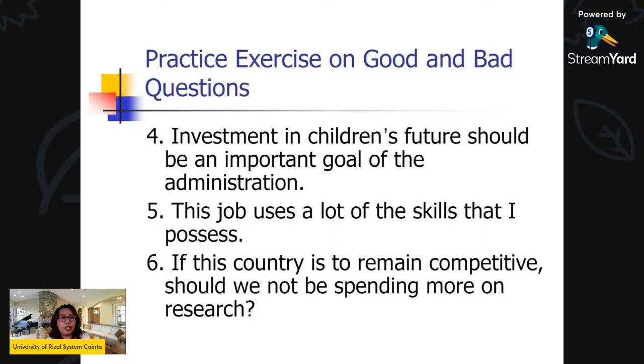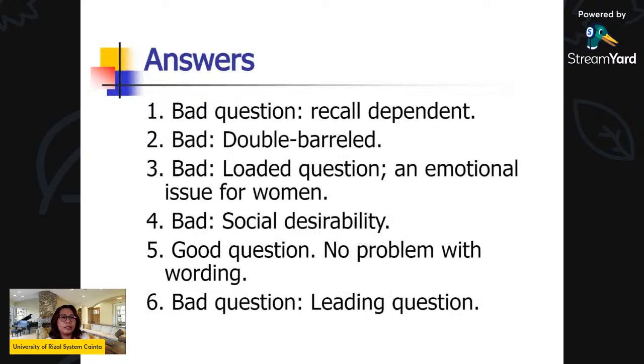Another example, number 4, investment in children's future should be an important goal of the administration. Number 5, this job uses a lot of the skills that I have. Number 6, if the country is to remain competitive, should we not be spending on research? Ayan. And then, what about the answers?